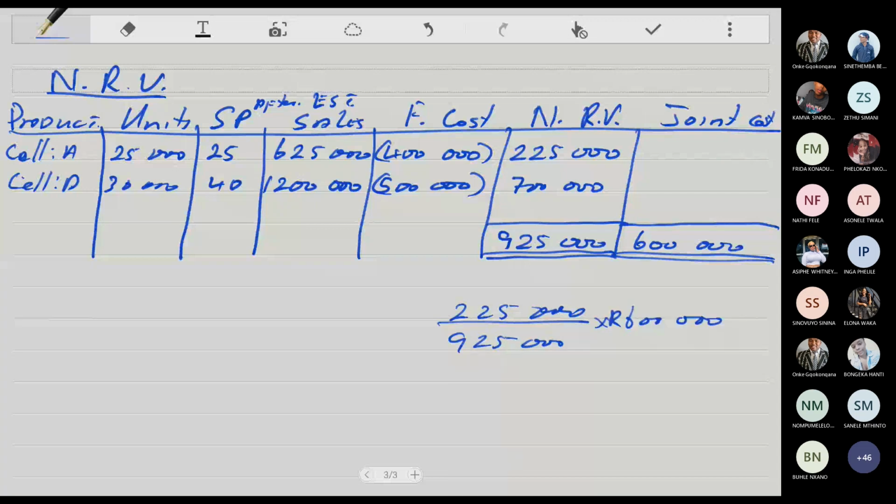$145,000. 946. Then for cell D, 700,000.